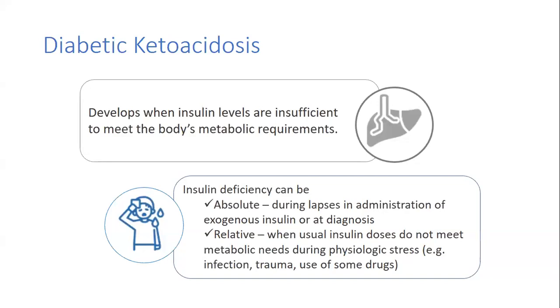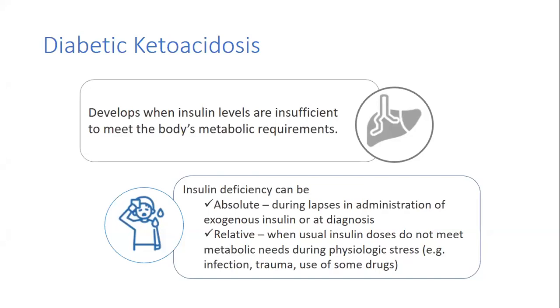For patients who are already diagnosed and on follow-up and on exogenous insulin, in case they miss a dose of their insulin, they can go into DKA. It can also be due to a relative insulin deficiency, whereby usual insulin doses do not meet the metabolic needs, especially during physiologic stress conditions.